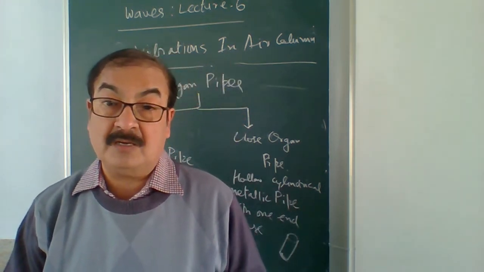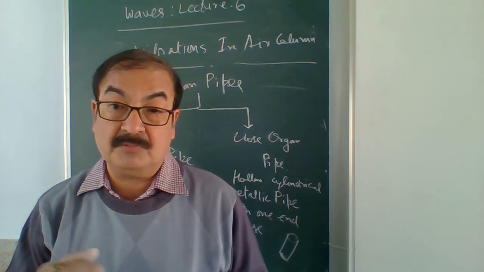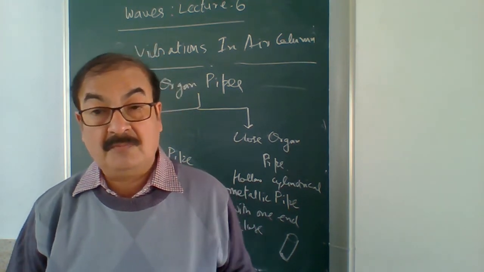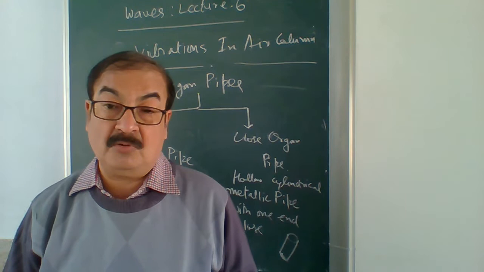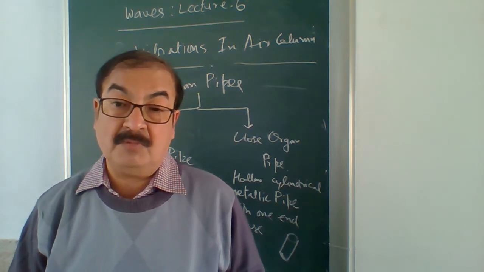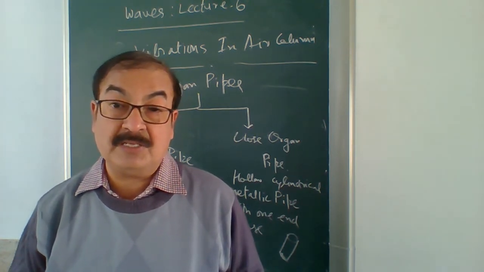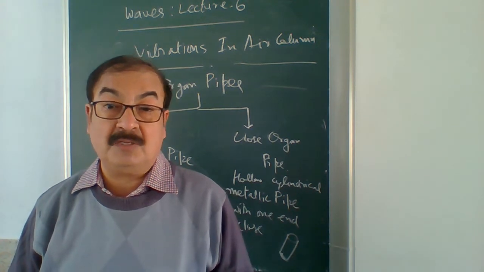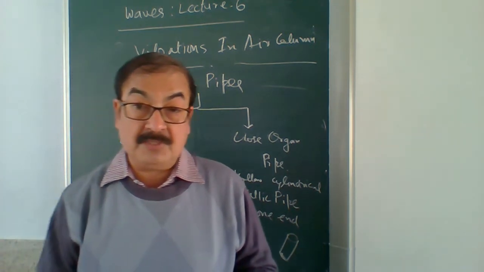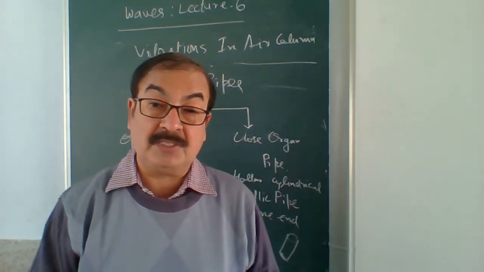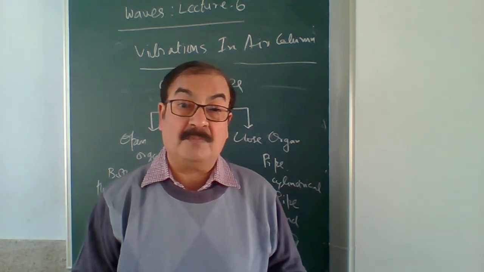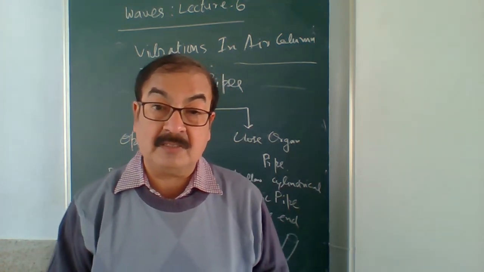When we just try to develop some mathematics for any organ pipe, whether closed or open, always remember we can see that the frequency varies even for the same length of the pipe. That means with the variation in the frequency, we can very easily obtain one thing in common.